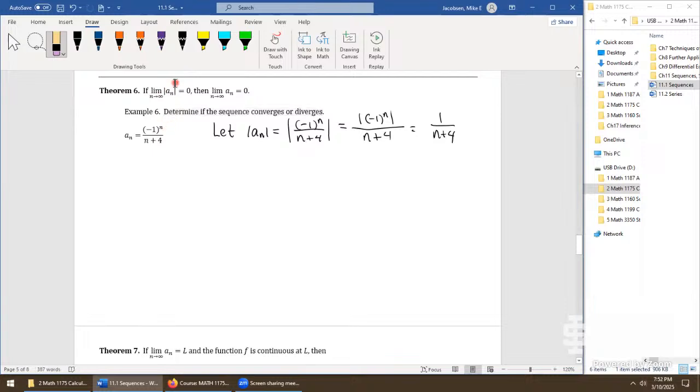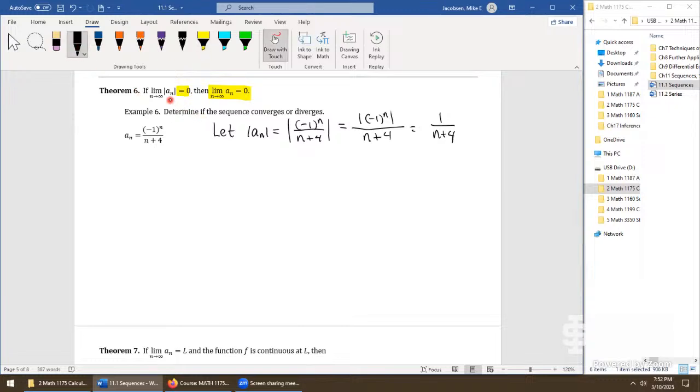You have a new method. Take the absolute value of the whole thing and do the limit of this. Notice the conclusion is specific. If you get 0, then we can conclude the original sequence itself has limit 0 as well. If we get like 5, this theorem is not going to help us at all. There's no connection then with the original sequence over here. So let's do that.